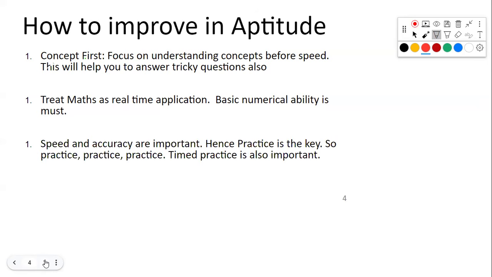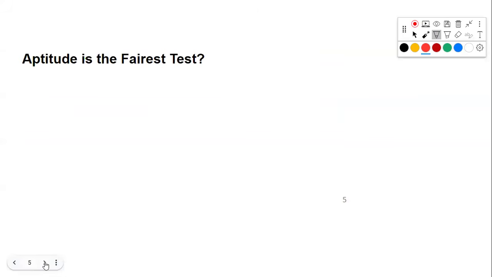So practice, practice, practice. Time and practice is also important: 20 questions, 20 minutes; 30 questions, 30 minutes. Both speed and accuracy will not happen in one day. In 15 days, 20 days, 30 days, you will definitely be able to pick up speed as well as accuracy. So the key is practice.